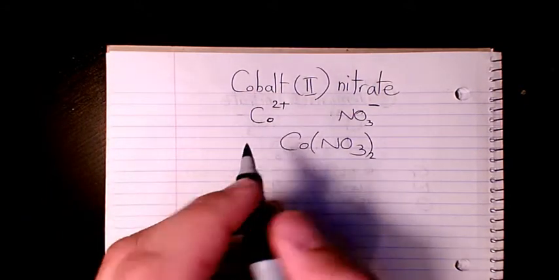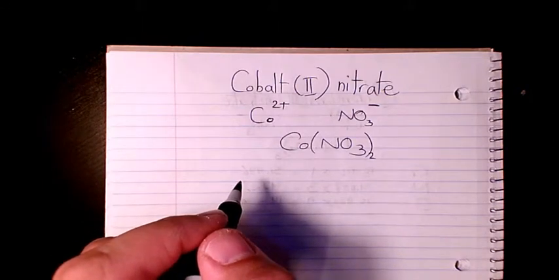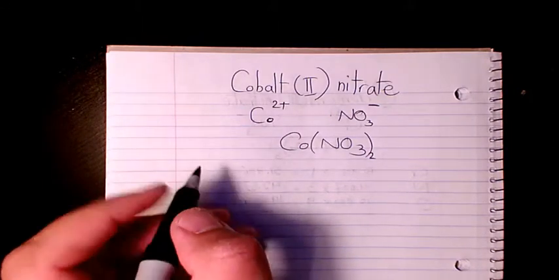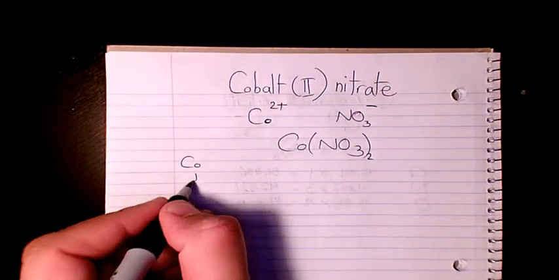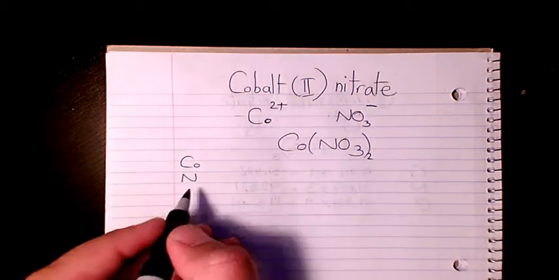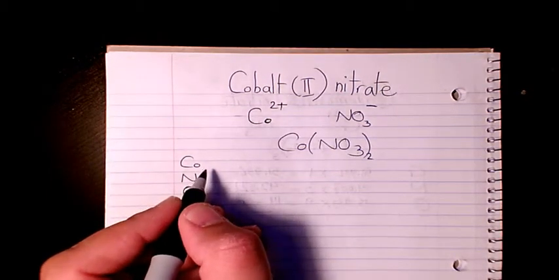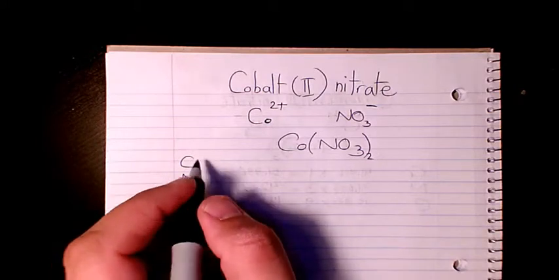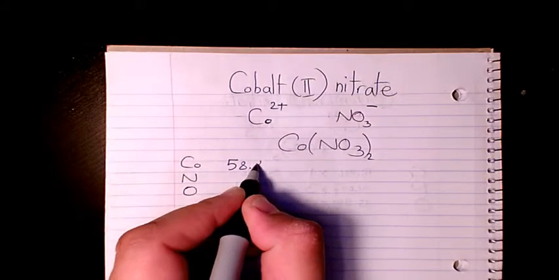For finding molar mass, we need to find out what elements we have and how many atoms each element has. So we have cobalt, we have 1 of them. We have nitrogen 2, and we have oxygen 2 times 3, 6. So I need to find out the atomic mass of cobalt, which is 58.933.